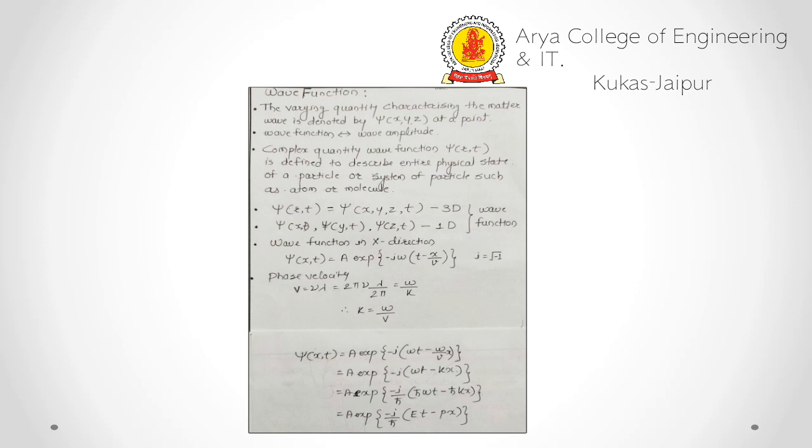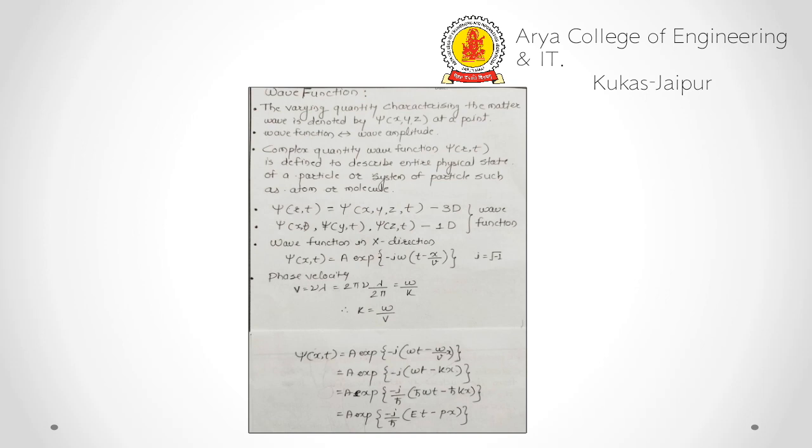Here phase velocity v is the velocity with which the wave packet is propagating. So v is nu lambda, which can also be written as omega upon k, and here the wave number k can be written as omega upon v.